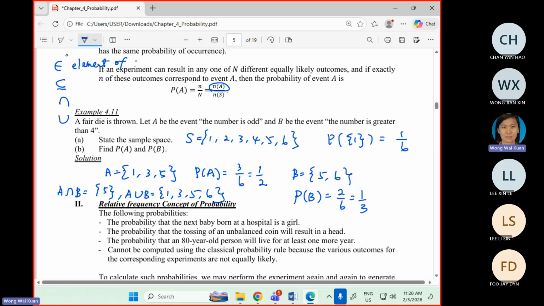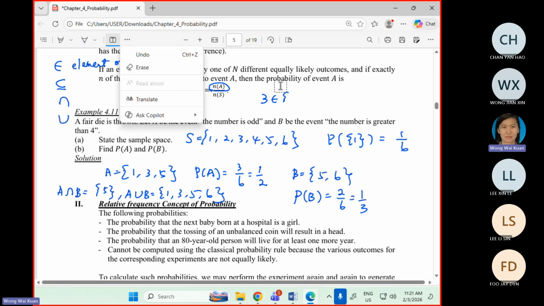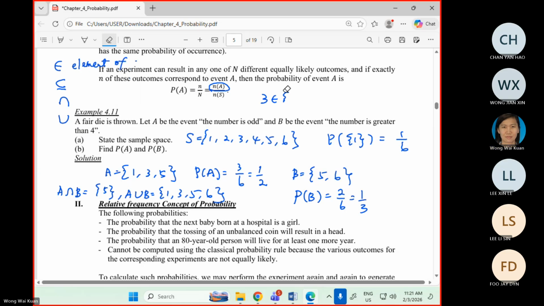Okay? Element of is like, I would say, 3 is in A, sorry, it's supposed to be ∈ A. But 3 is not in B. Alright, there's no subset here.